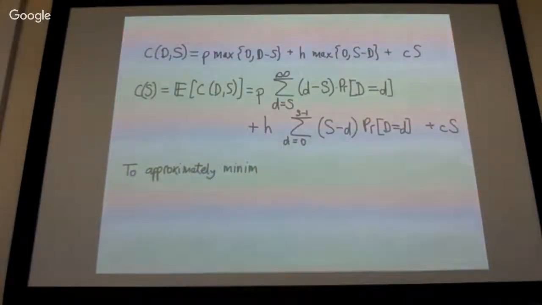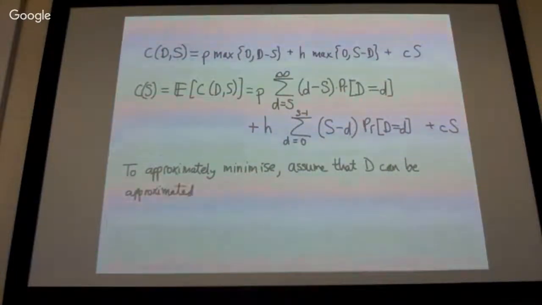I just split an infinitive. I want to write pretend, well, let's say assume that D can be approximated by a continuous random variable.